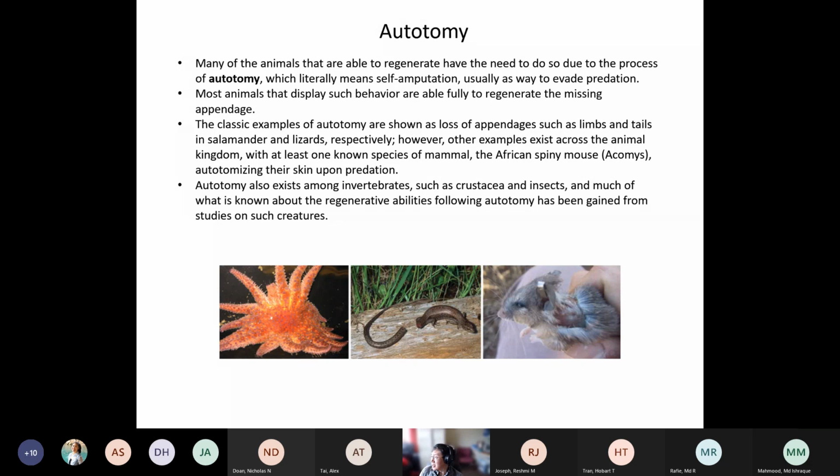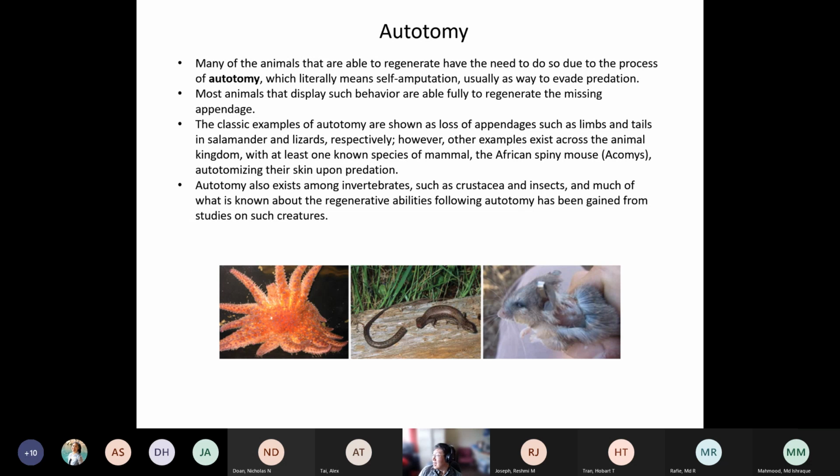So salamanders can remove their limbs, and lizards usually will remove their tails if they face a dangerous situation. Those are lower vertebrates, right?